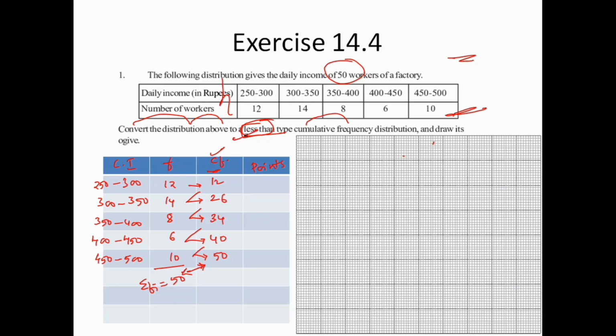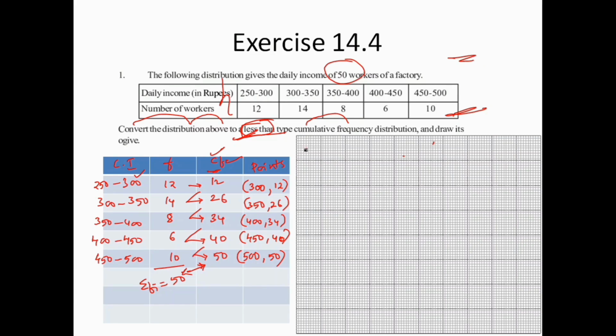For less than, you should take the higher class interval value, and this is your CF. Over here also I am taking the larger one, and this is your CF. All these are your required frequency values.